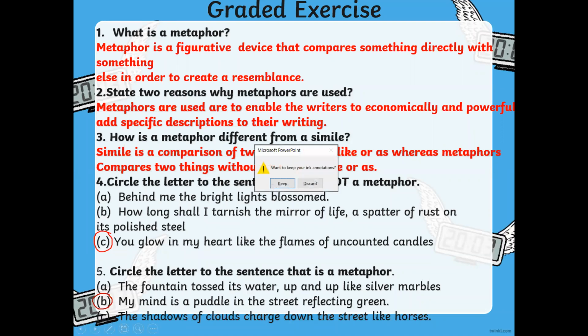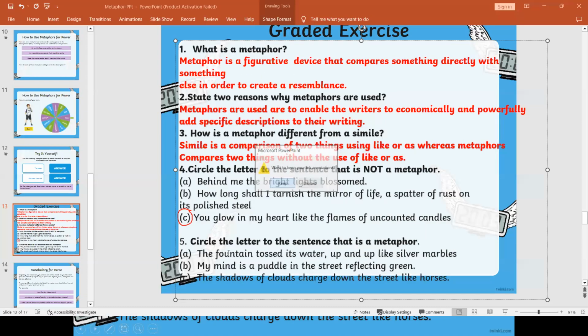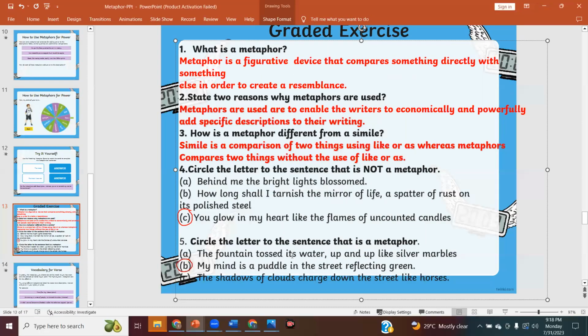They are similes, yeah. The fountain tossed up its water up and up like, so right there it's using like. And the shadows of clouds charge down the street like horses. So it's definitely using like.